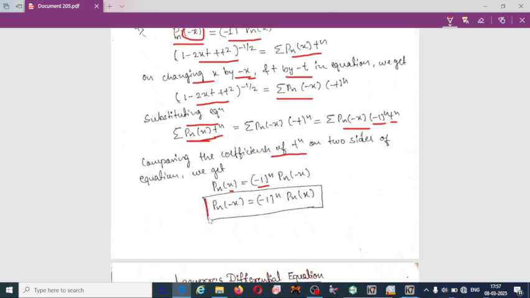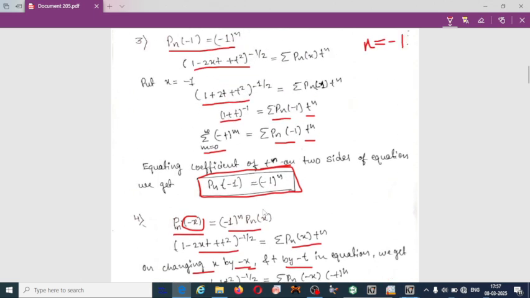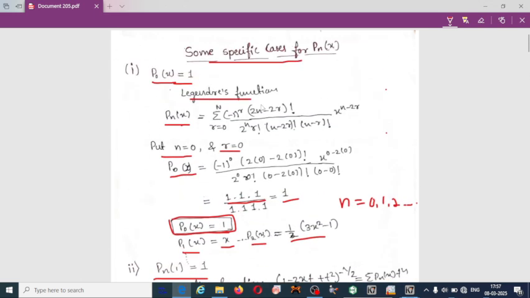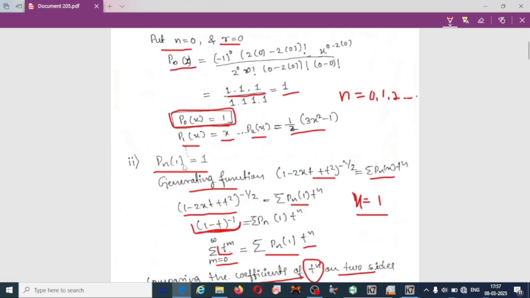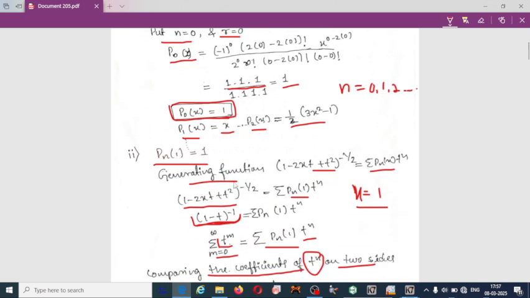So this is the final result. We get Pn of minus x is equal to minus 1 to the power n Pn of x. Like that you have to solve the specific cases for Legendre's function. I hope it is useful for you. Thank you.